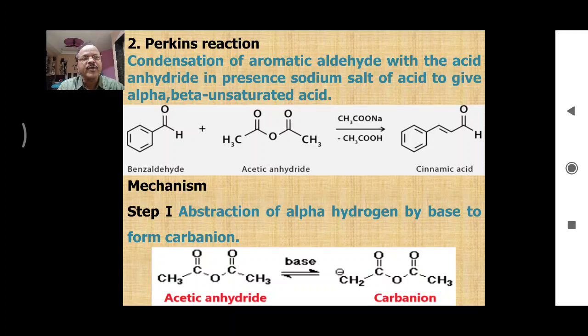The starting compounds used are aromatic aldehyde and acid anhydride, and this reaction is carried out in presence of base, and the base used in this reaction is the sodium salt of the acid. So this base is used, and the product of this reaction is cinnamic acid.